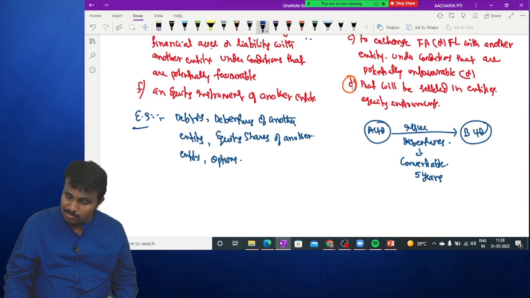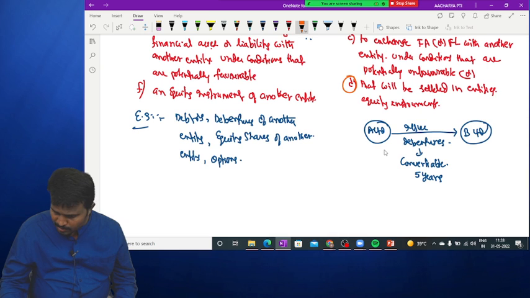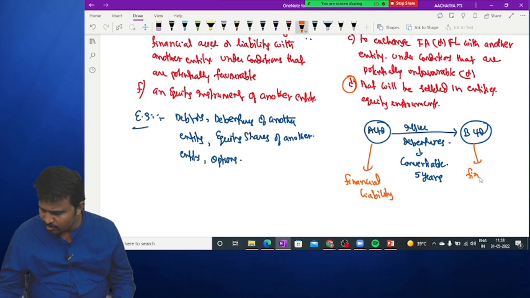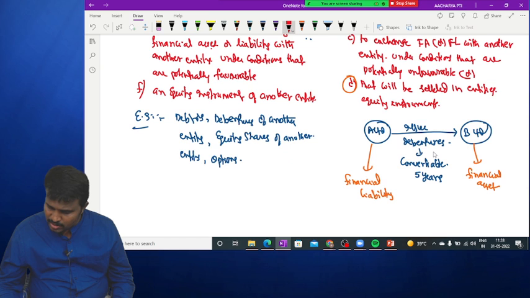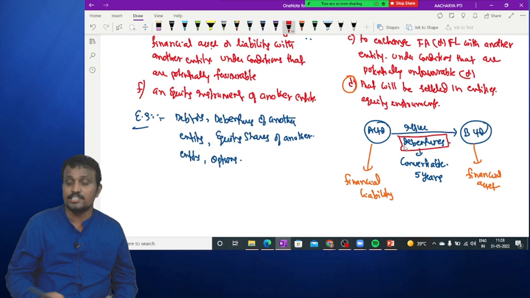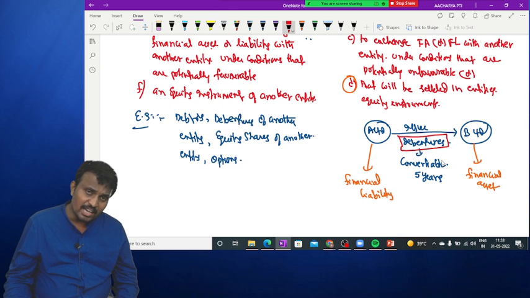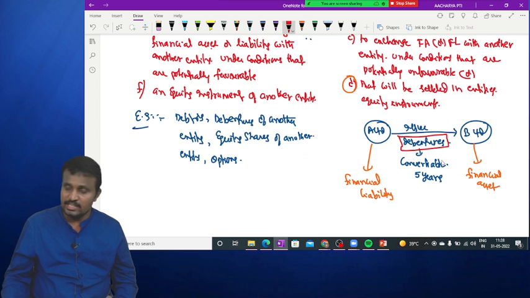Then at the time of issue, this will become a financial liability to A Limited and a financial asset to B Limited. So in this case, at the end of the 5th year, how are these debentures going to be settled? If the party does not agree for the conversion, then the company will pay the cash to that party.